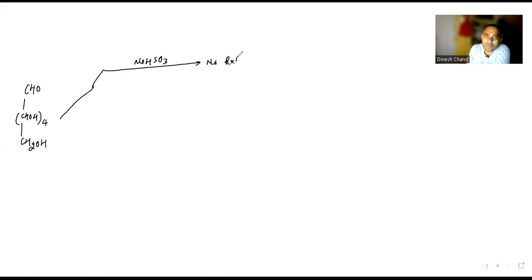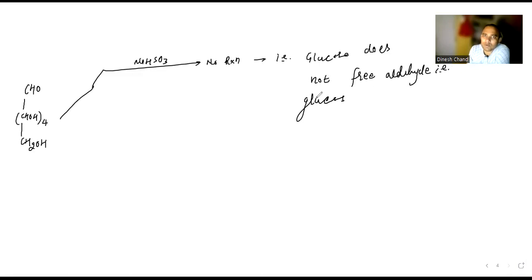It means that glucose does not have a free aldehyde group. This is not having the free aldehyde group. That is, glucose exists in cyclic form. Glucose exists in what form, student? In cyclic form.